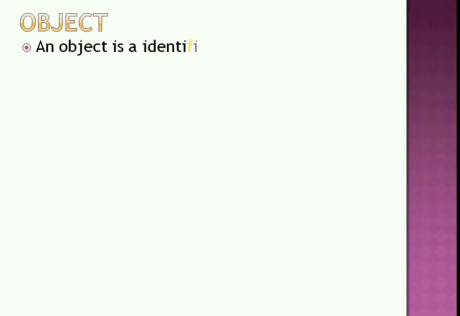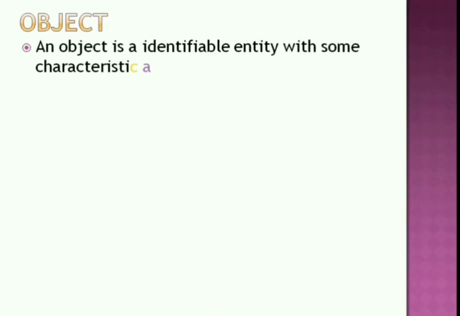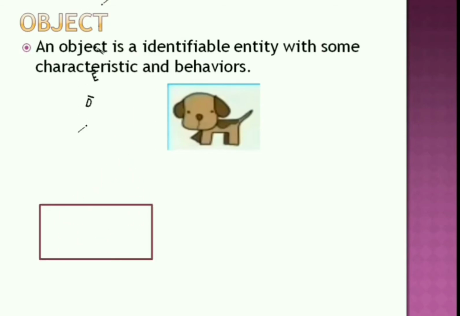Firstly, what is an object? An object is an identifiable entity with some characteristics and behavior. Here is a real world example of an object, that is a dog.